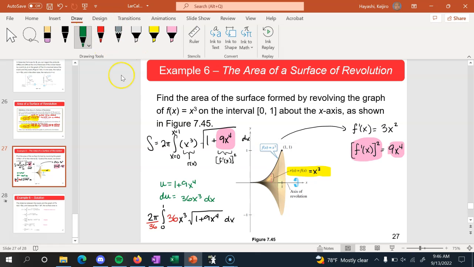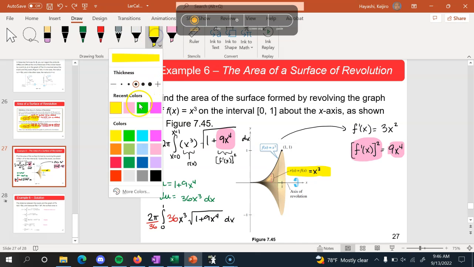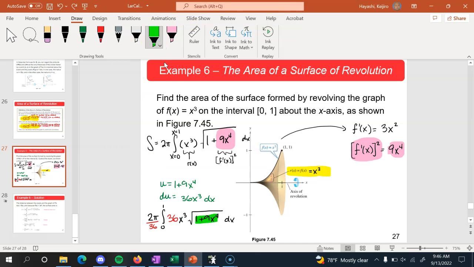But this is u. And actually, what would probably be better is, so this is u.